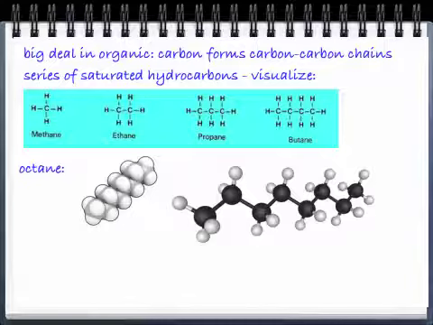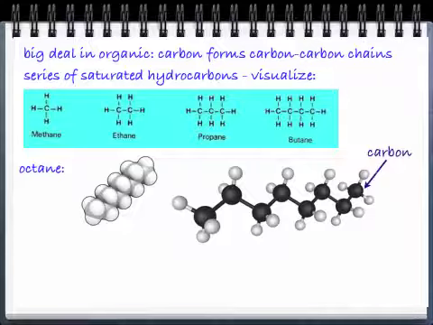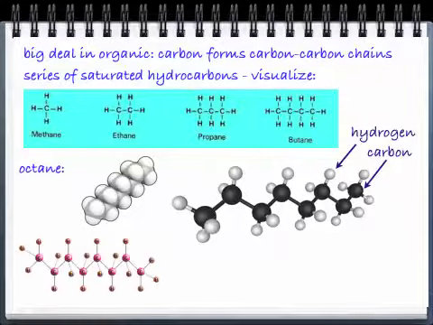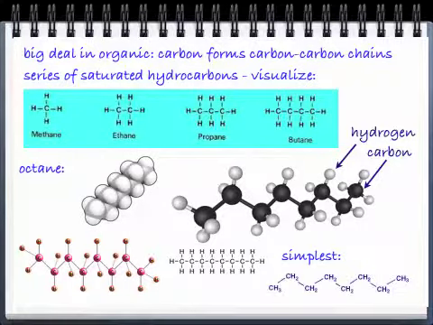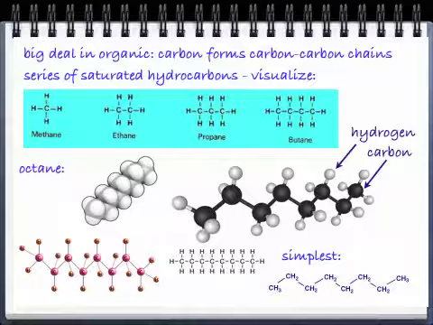Here's again a space-filling model, ball and stick model. Remember again that that's the carbon, that's the hydrogen, and there's all kinds of different ways of representing it. The simplest way is the one that we're going to use here, and that is we write each carbon as a formula with the hydrogens, and we attach them with chemical bonds.